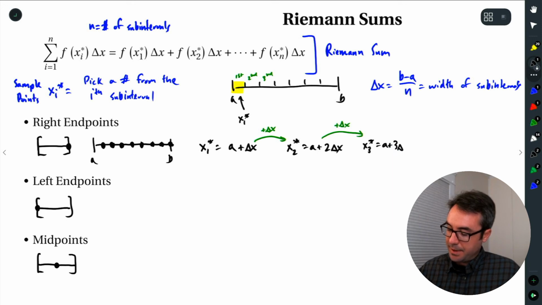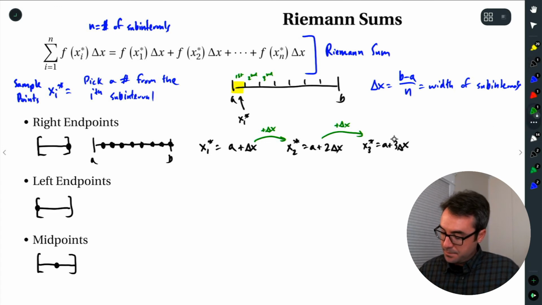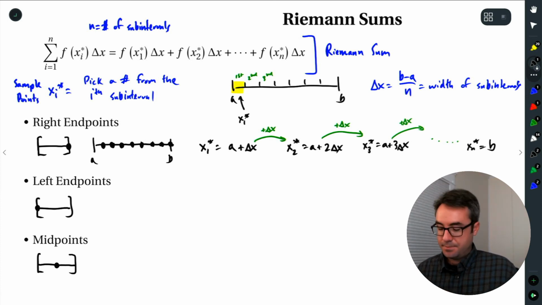And you can probably see the pattern here. You just keep going until you get to xn star, which is going to be B, the right endpoint of the entire interval.